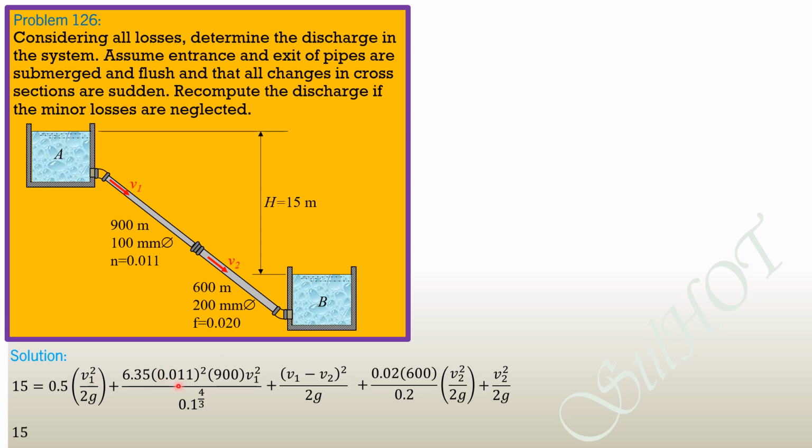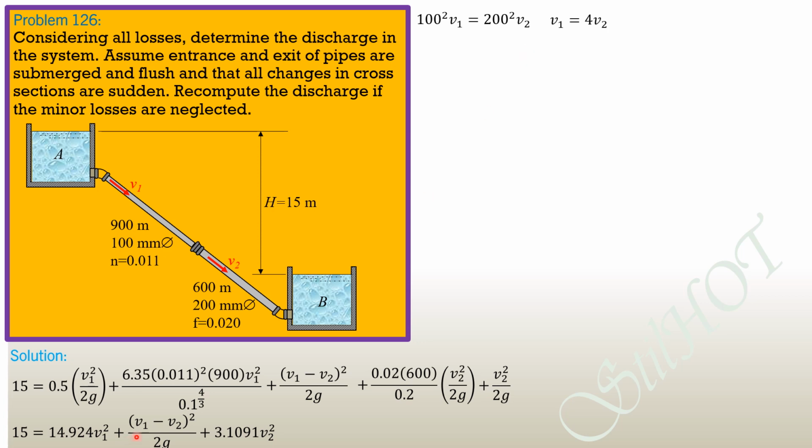Combining like terms first, 15 equals 14.92 V1 squared plus quantity V1 minus V sub 2 squared over 2g, then plus 3.1091 V sub 2 squared. Since by continuity equation, 100 squared V1 equals 200 squared V sub 2, this time V1 is 4 times V sub 2.